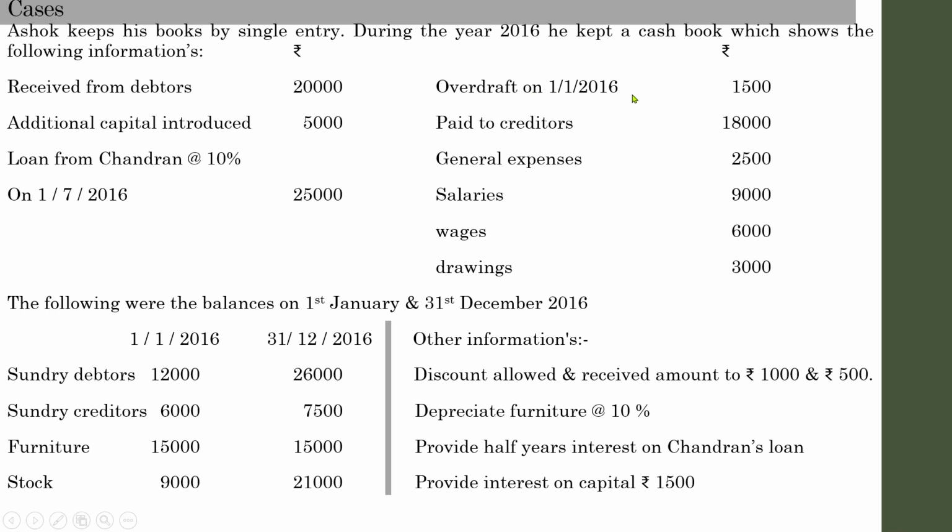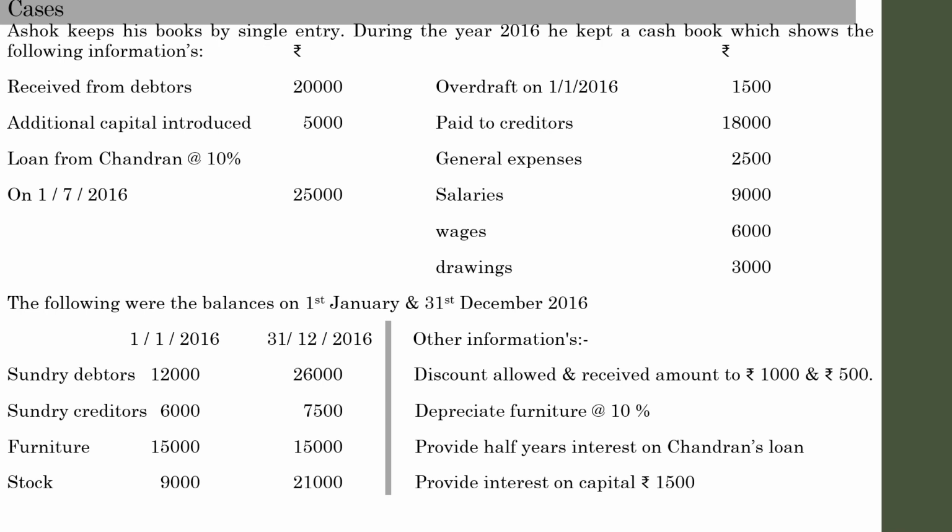Next one, overdraft on 1/1/2016 is 1,500. So what is the meaning of this? It means a lot, even though it is not mentioned in the question. What is meant by overdraft?